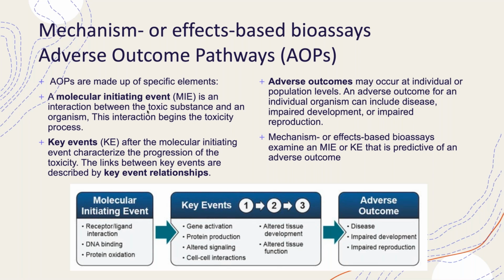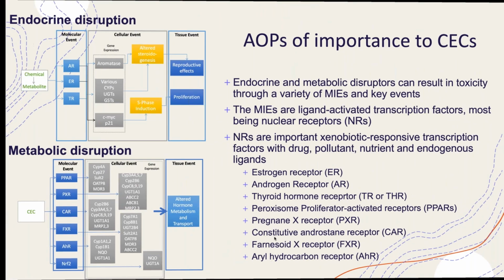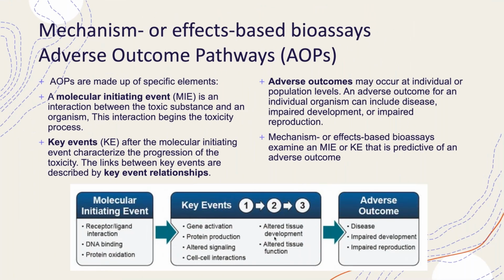So these can be altered signaling within the cell, changes in gene expression, changes in interactions between cells. These key events are linked to other key events that are altering the state or the fate of that particular cell, how it develops, whether it proliferates. And those events then are tied to the adverse event.